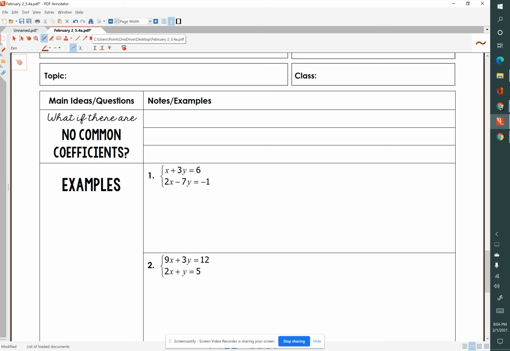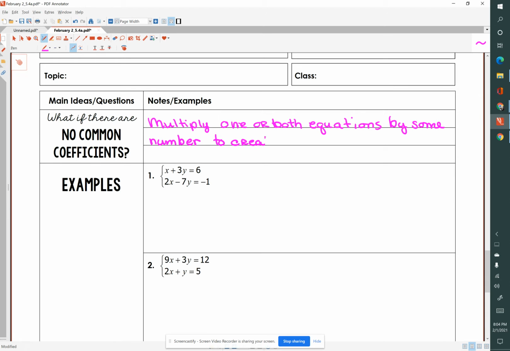Okay, so if there are no common coefficients, we need to multiply one or both equations by some number to create matching opposite coefficients.